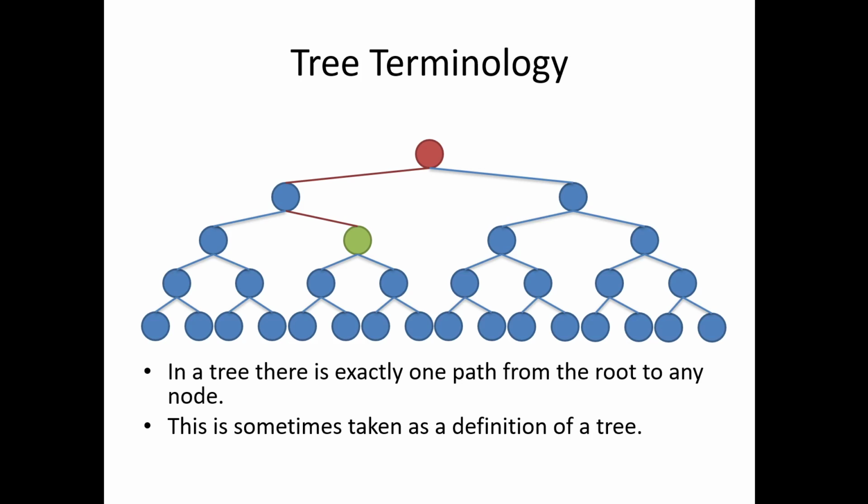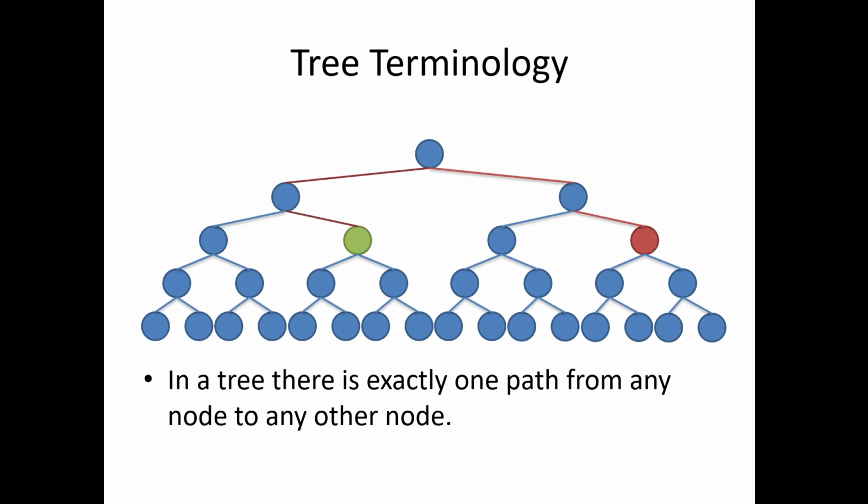And we can see that that's going to be true for any of our nodes here, or for this node we've selected, there's only one path from the root node to that node. And more generally, for any tree satisfying that definition, we also have the fact that for any two nodes in that tree, there should only be one path between those two nodes.